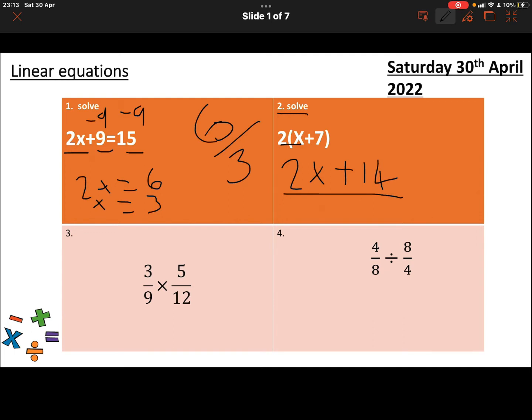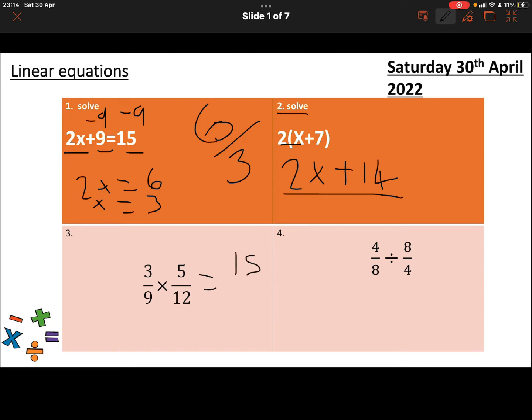Right, question 3. I put in a few fraction questions. I'm not sure how you guys are with fractions, but I've put 2 easy ones on there for you. Timesing is really easy. You literally just have to times the 2 numbers. You should know what 3 times 5 is, which is obviously 15.